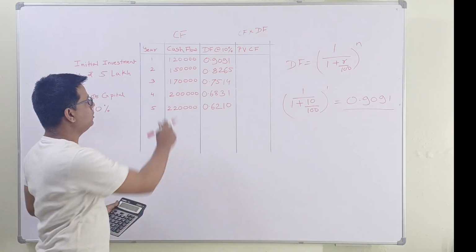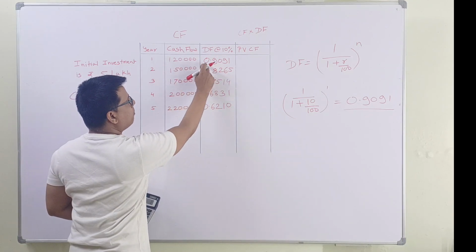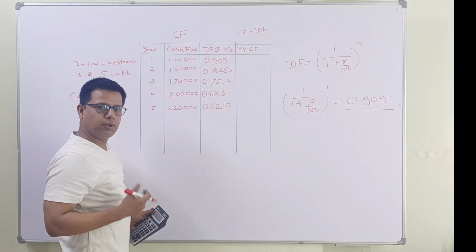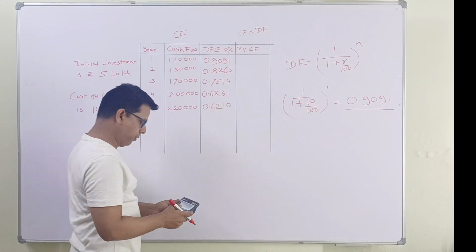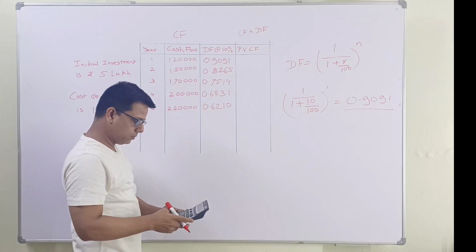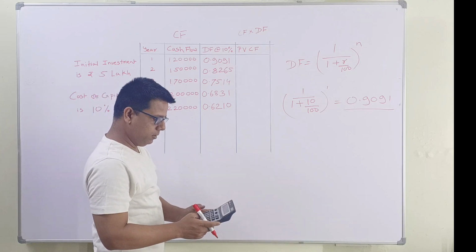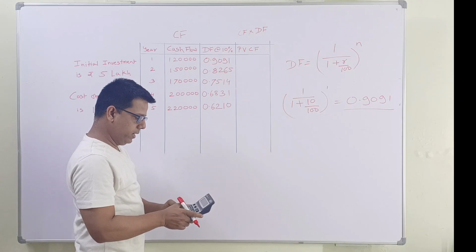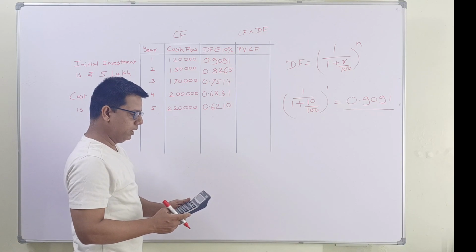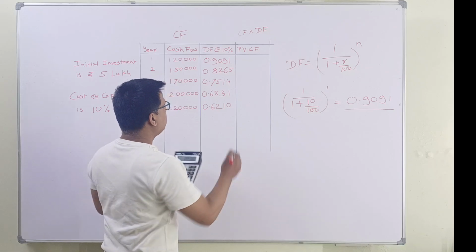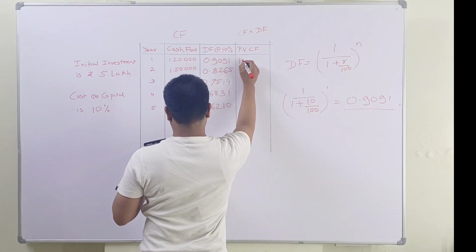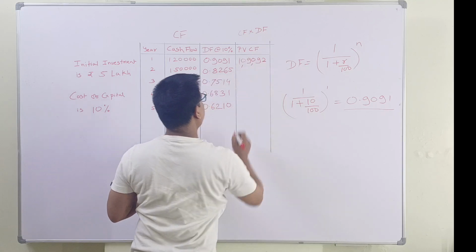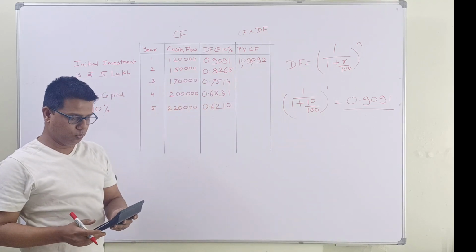So what we will do is 1,20,000 multiplied by 0.9091. Whatever answer we get, we will write in the PVCF column. So let's calculate 1,20,000 multiplied by 0.9091. The answer is 1,09,092.